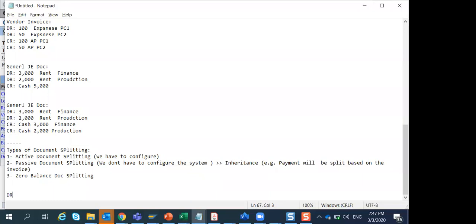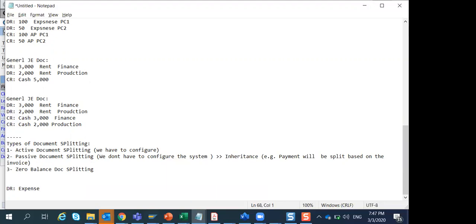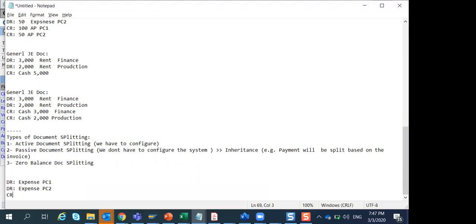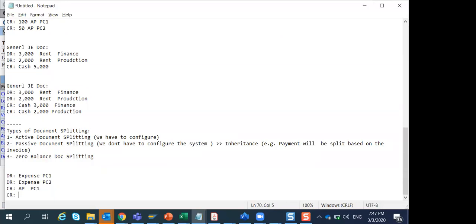For example, if you have a vendor invoice, which is a document, with two debits to the expense, Profit Center 2 and Profit Center 1. And then you have credits to the account payable, Profit Center 1, and credits here, Profit Center 2. This is the invoice.